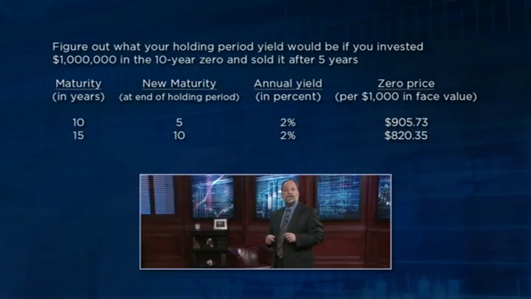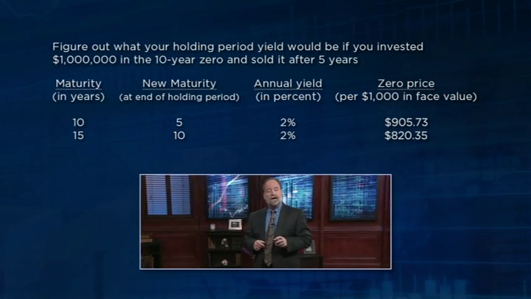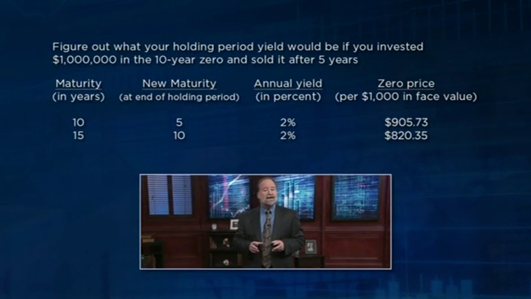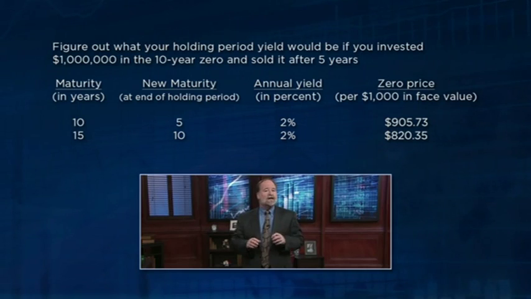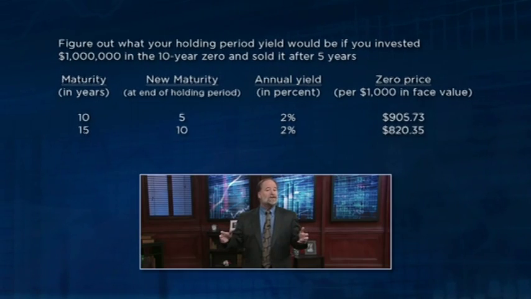For example, let's figure out what your holding period yield would be if you invested $1 million in a 10-year zero and sold it after 5 years, when it's a 5-year zero. All right, the answer depends upon what happens to the yield curve over time. For reference, let's see what the holding period yield will be if the yield curve stays flat at 2%.